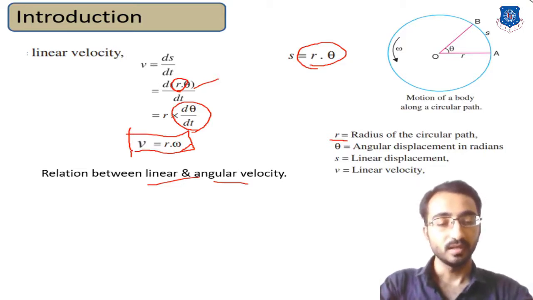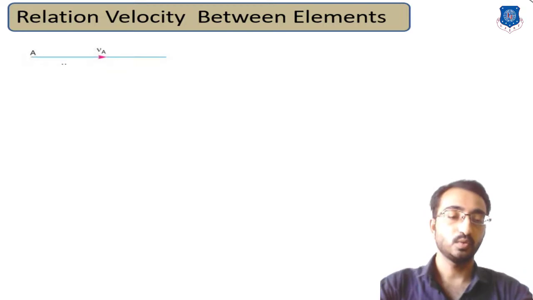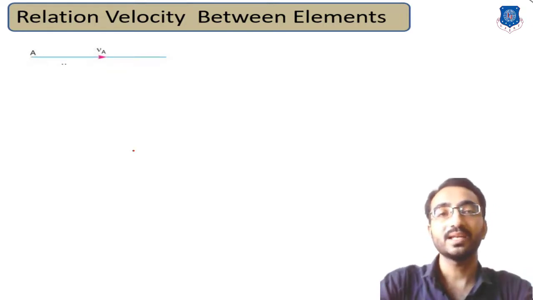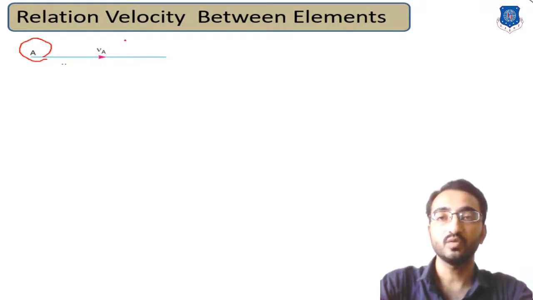Now the next fundamental: let's learn what relative velocity is in two different components. Let's again consider a particle A which is moving with velocity v, in the direction denoted by this line.